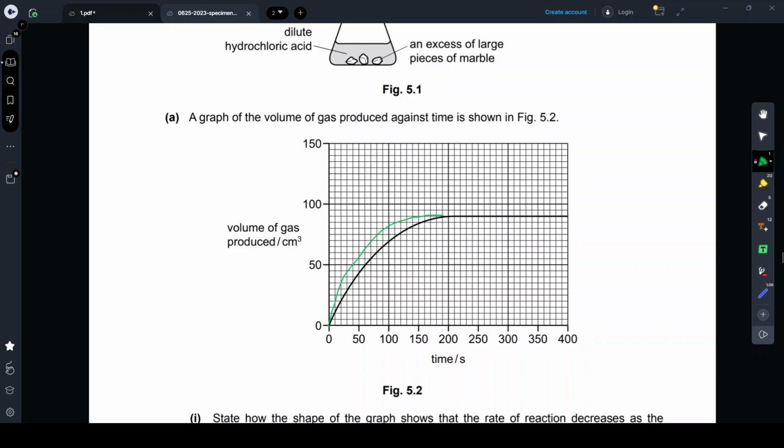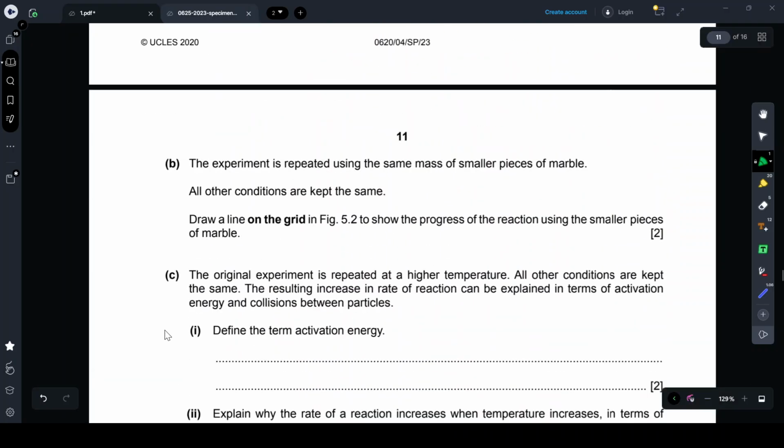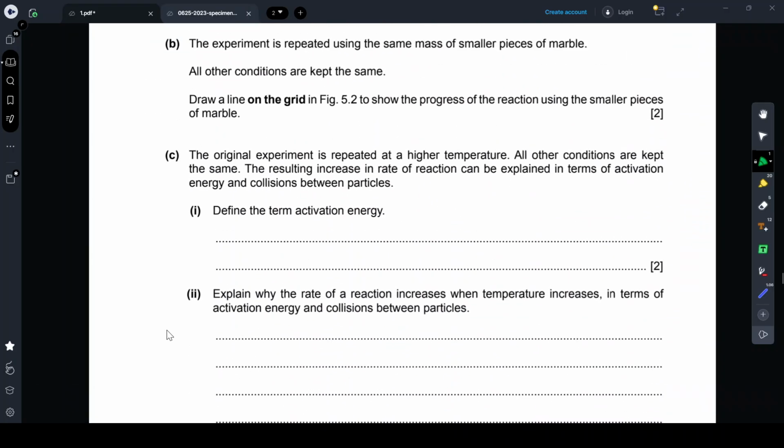Obviously when you draw it on paper it will be more neat and accurate. It could even be, let me try once more. You need to start at the origin. There, something like that perhaps. Okay, so you get 2 marks for that.